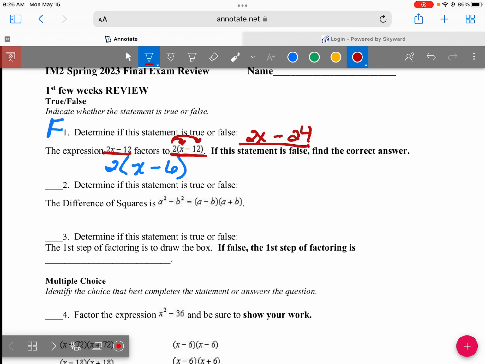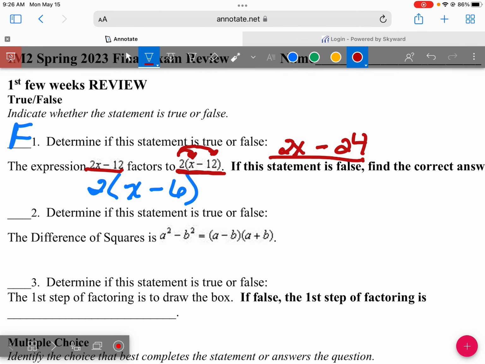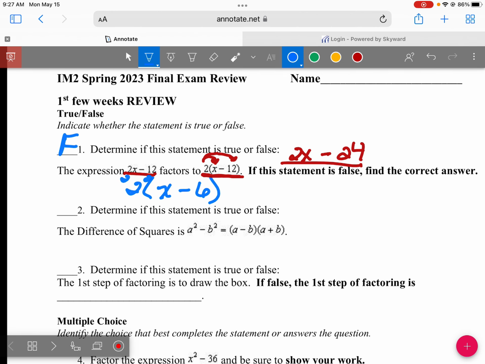And then when I factor it out, my greatest common factor is 2. So dividing by 2, I get 2 times x minus 6. So it is correct what she said. It is false, and it should be 2 times x minus 6.